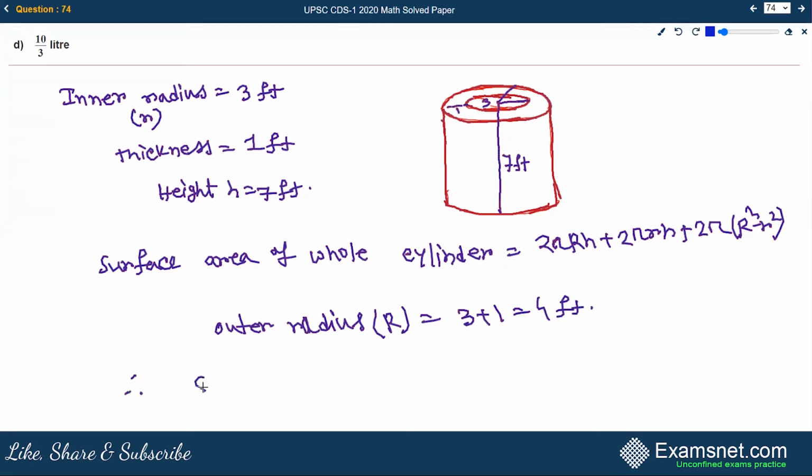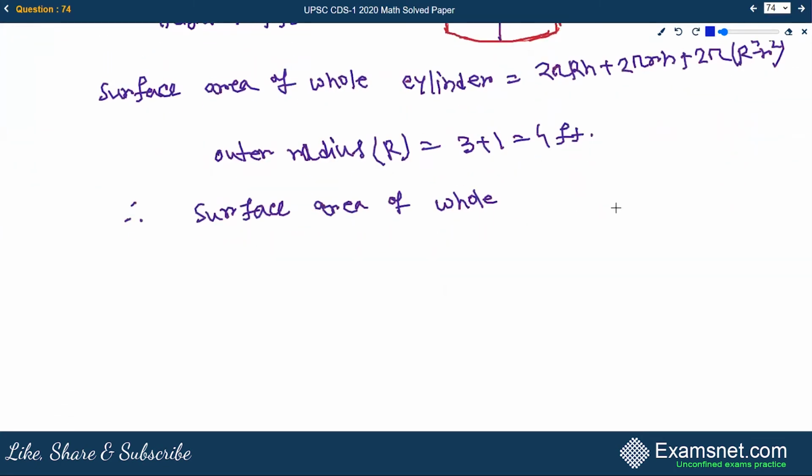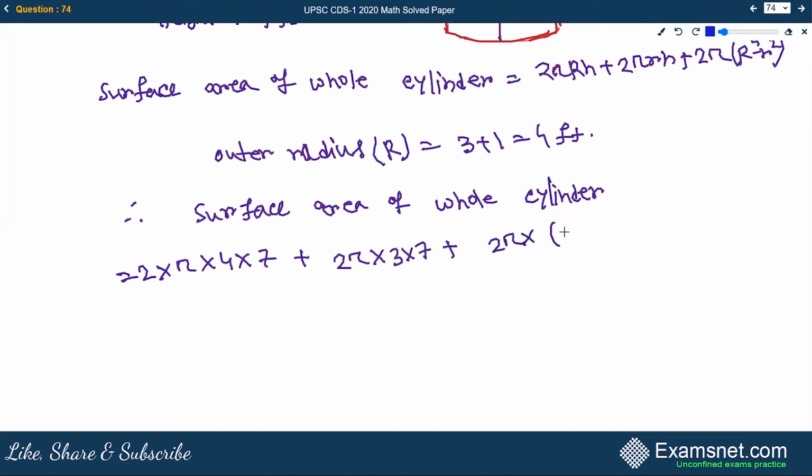We'll get the value for surface area of whole cylinder. Whole cylinder, that is 2π times 4 multiplied by 7 plus 2π times 3 multiplied by 7 plus 2π times (4 square minus 3 square).